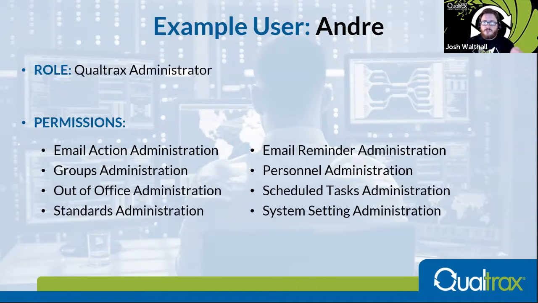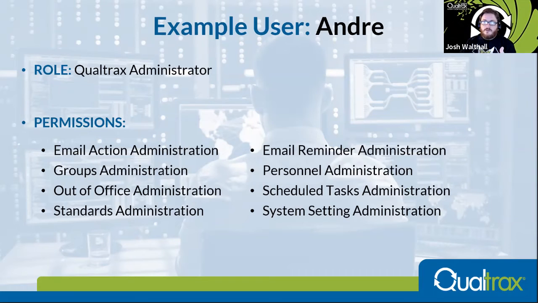You'll notice that Andre doesn't have any responsibilities listed here or even security and access. And that's because for this specific role of Qualtrics administrator, there are no additional responsibilities or security access assigned to it. Instead, all of Andre's responsibilities in security and access come from his primary job role.